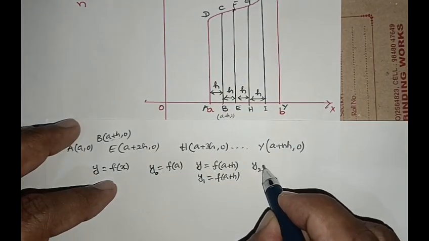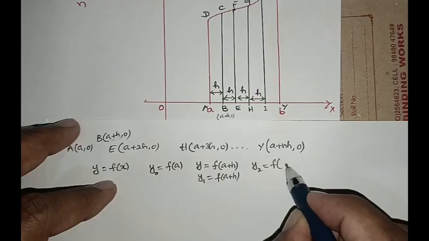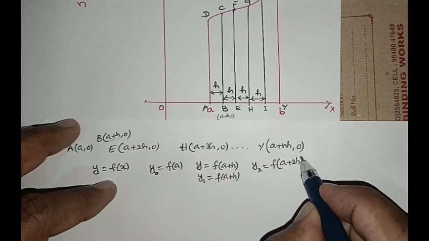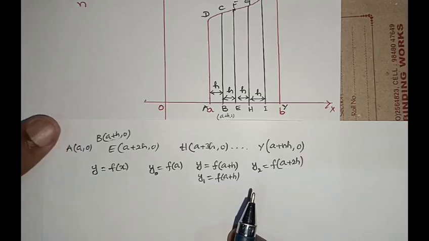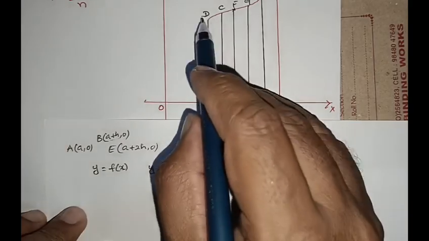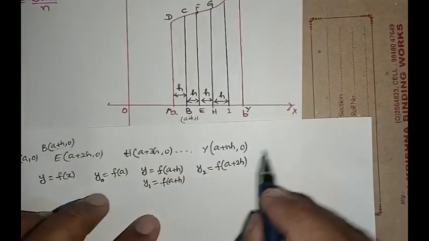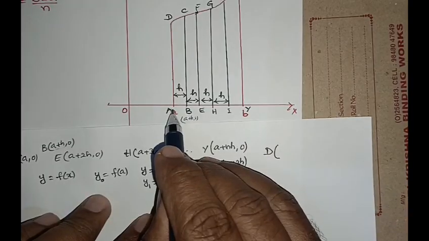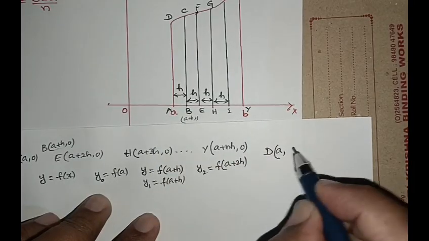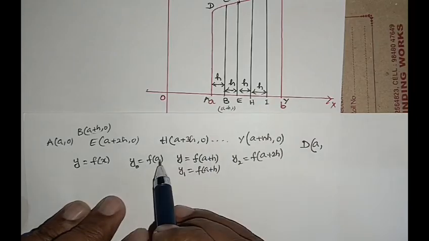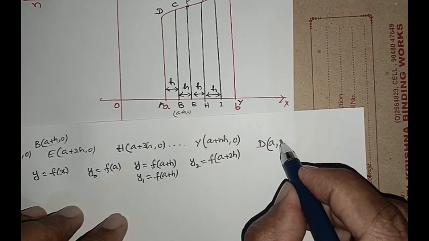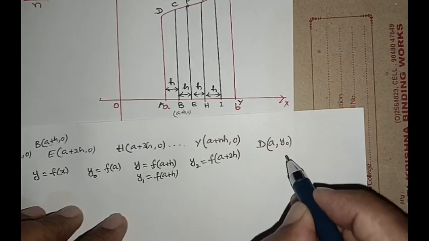Let me say it is y2. y2 is equal to f of a plus 2h. Now what are the coordinates of the point D? The x coordinate is a and the y coordinate is f of a, which is denoted by y0.